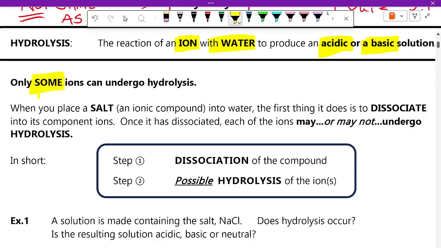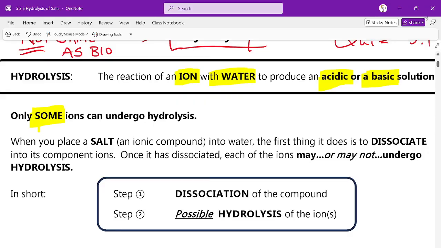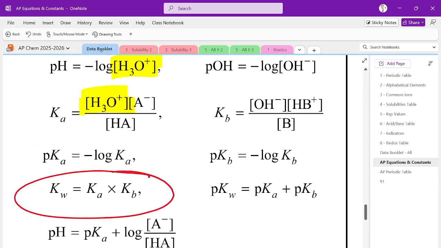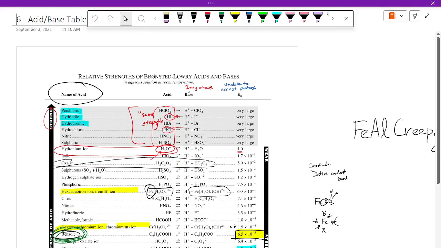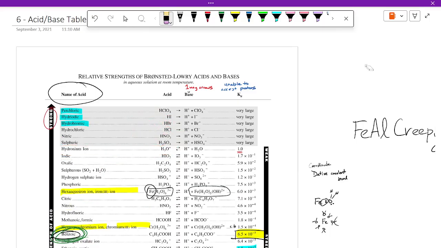You already know some that cannot. What are some ions that cannot undergo hydrolysis? Let's look at our Ka chart. Take a look at your Ka chart and see if you can list some ions that will not undergo hydrolysis.